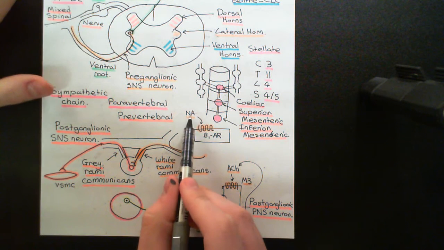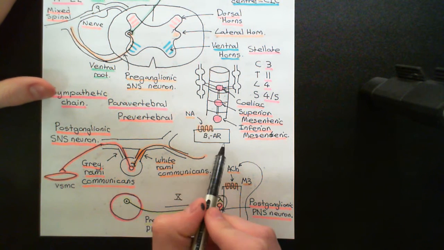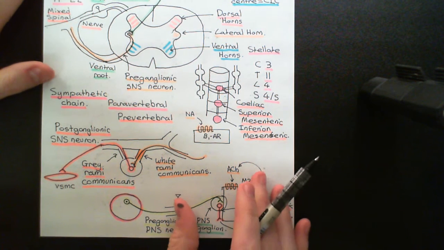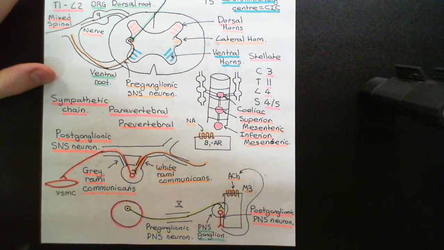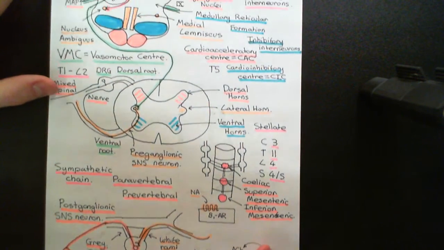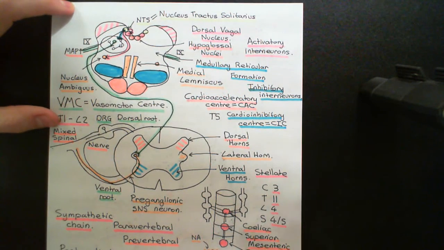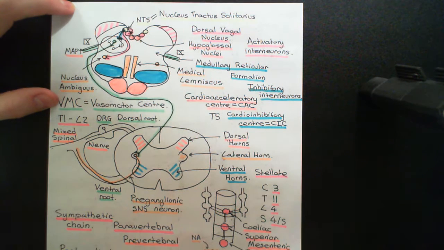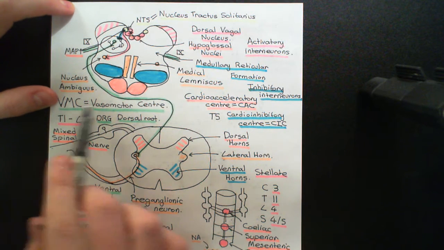So reducing the noradrenaline that's being released onto the heart is going to overall reduce heart rate and also reduce contractility, so that will go hand in hand with increasing parasympathetic stimulation onto the heart to decrease cardiac output.